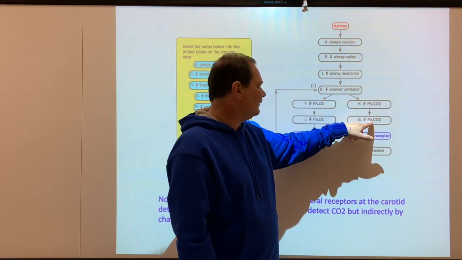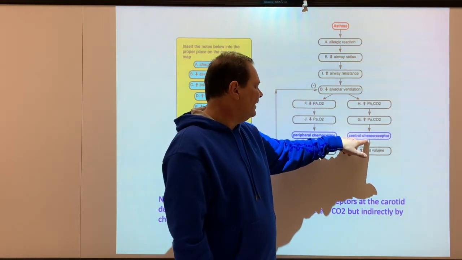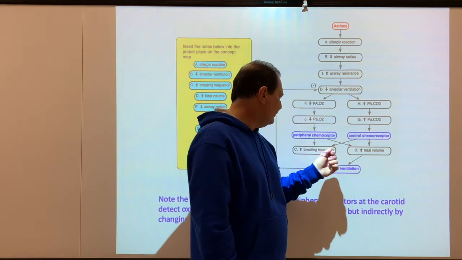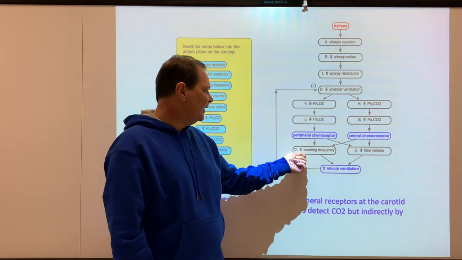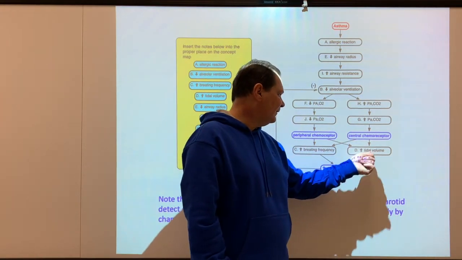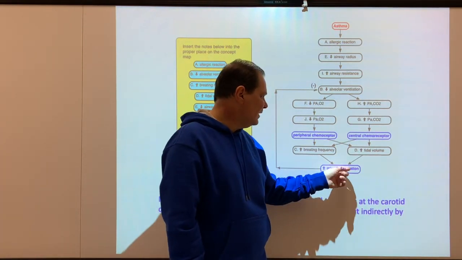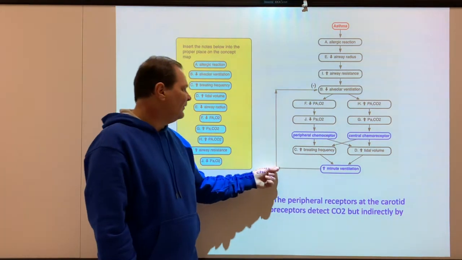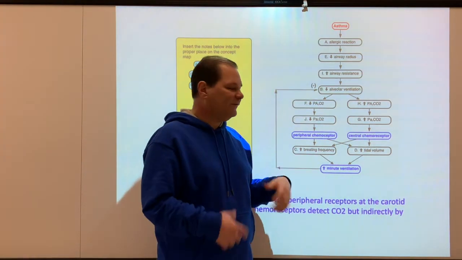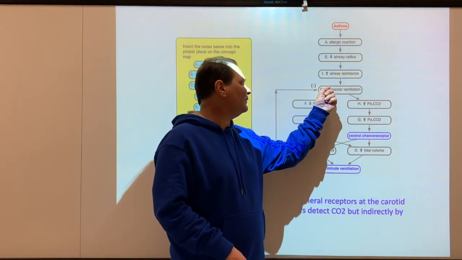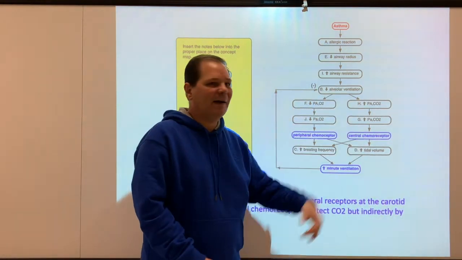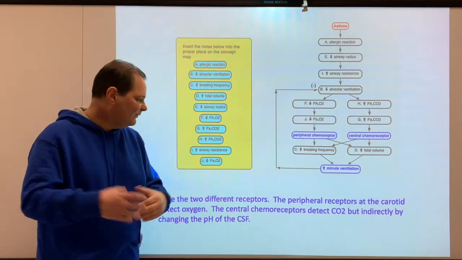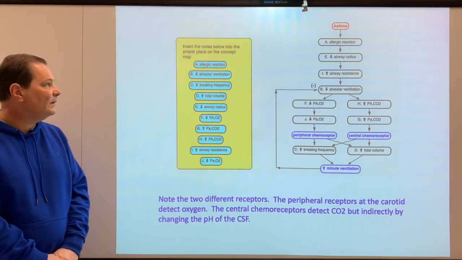Big A for alveolar, small a for arterial. That stimulates the central chemoreceptors, and you get, again, an increased breathing frequency, an increased tidal volume, and increased minute ventilation. Both are in action here. The increased minute ventilation, increased frequency, and increased tidal volume mean you increase alveolar ventilation, and that brings these parameters back up toward normal. So that's your reflex response to asthma.